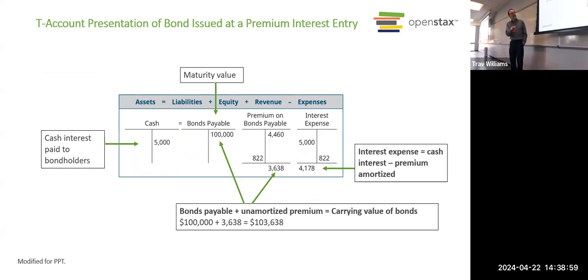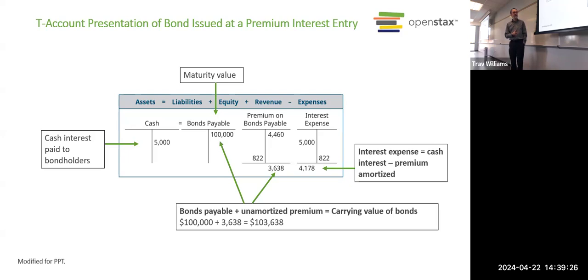And then we have $5,000 of interest expense, but that same $822 of amortization of the premium reduces our interest expense. So we credit the interest expense account, and really our actual interest expense is the $4,178. Okay?